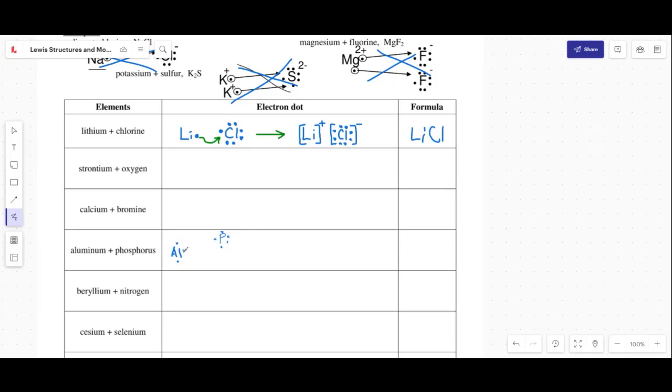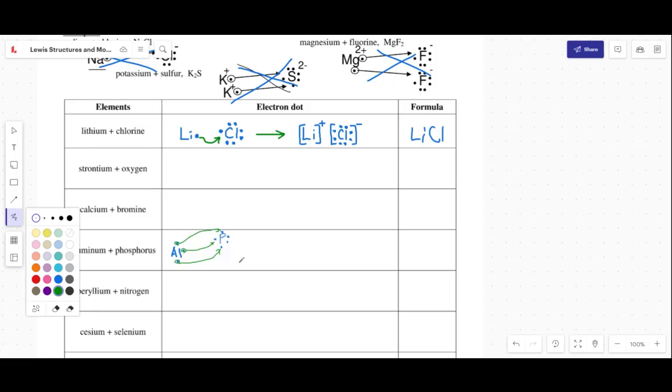All right, so here's the deal. I'll go ahead and change the color. Aluminum has 1 electron transferred up here, and 1 electron transferred here, and 1 electron transferred here.